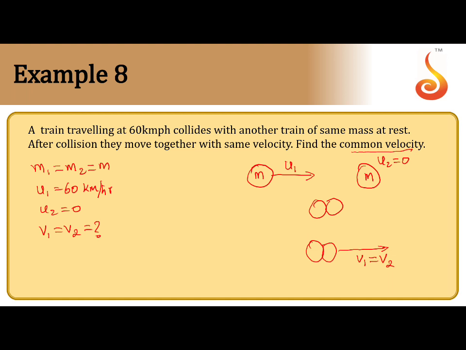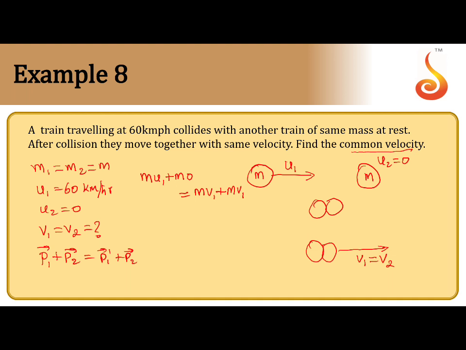There is no external force acting on them. Therefore, principle of conservation of momentum can be used here. P1 vector plus P2 vector is equal to P1 dash plus P2 dash vectors. So substituting here, m into u1 plus m into 0 is equal to m into v1 plus m into v1.